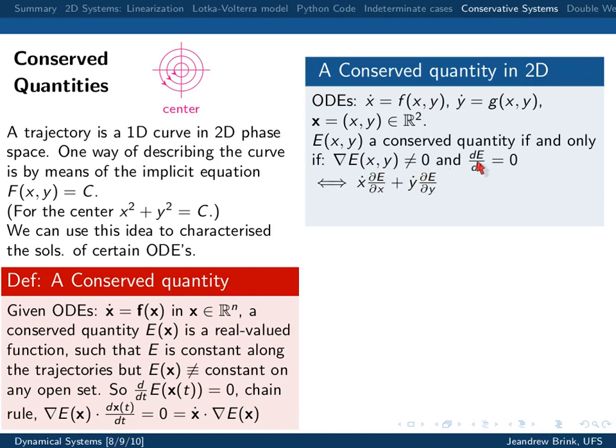That is equivalent to saying that partial E with respect to x times x dot plus partial E with respect to y times y dot is equal to 0, which is also equivalent to saying f of x and y times dE/dx plus g of x and y times dE/dy is equal to 0.